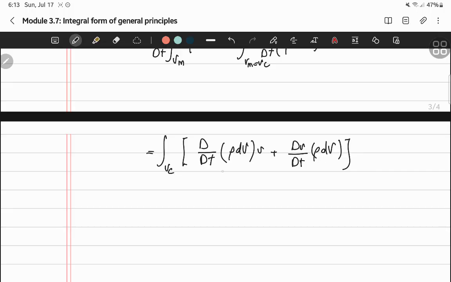Then this one here is the conservation of mass, which is 0.